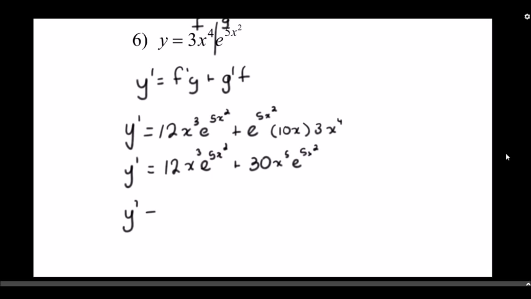So the common factor is going to be 6x cubed e to the 5x squared, which is going to leave 2 plus 5x squared. Just 2 plus 5x squared is left over.